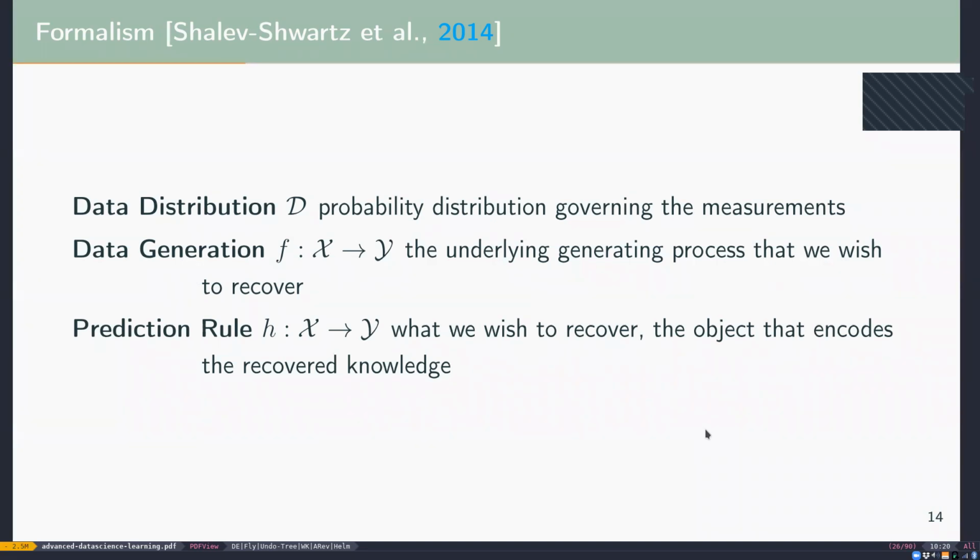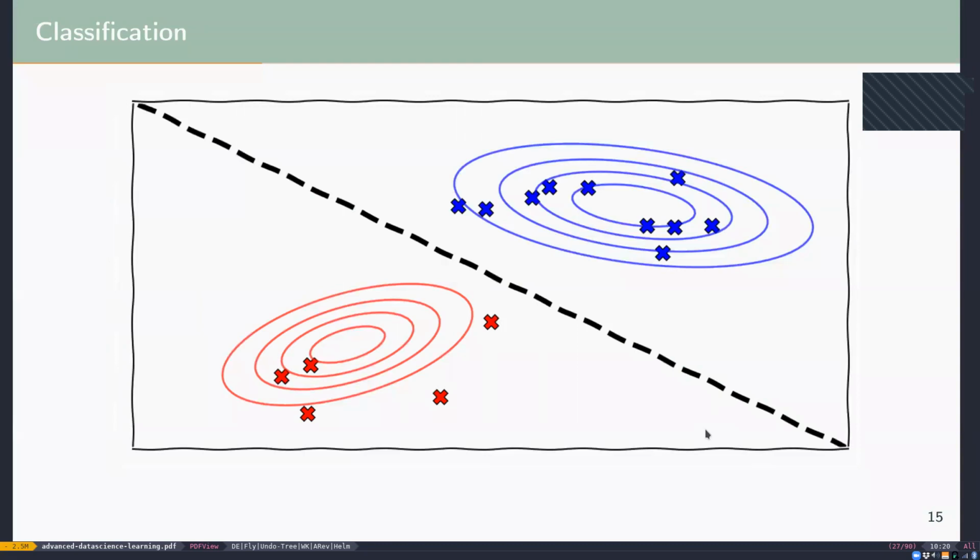Now let's simplify this even more and think about binary classification. It generalizes, and it makes life a little easier for us. What we have here is the data distribution, which is the blue and red contour plots.